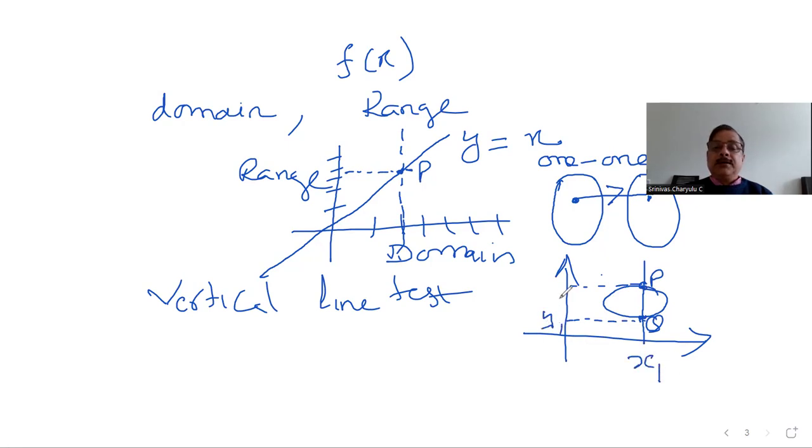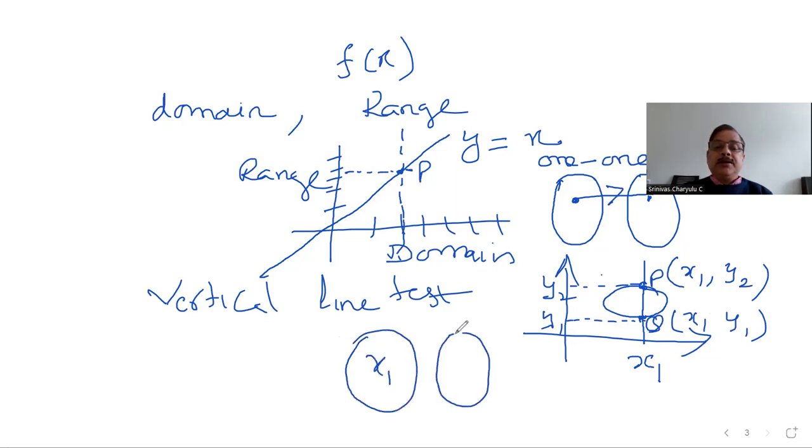So for x1, write down y1 and y2. The coordinates of P here are x1 comma y2, and for Q, x1 comma y1. What does it mean? In the domain, x1 is seeking two images, y1 and y2. So this is not a function. Not at all a function for us, because it has multiple images.